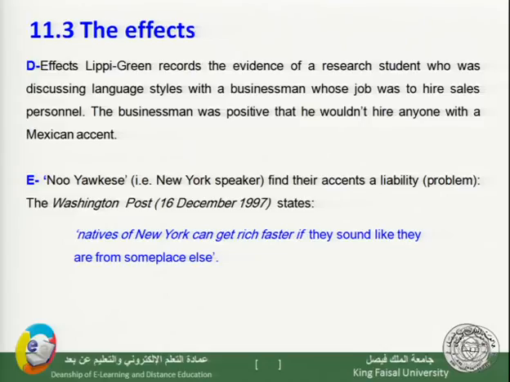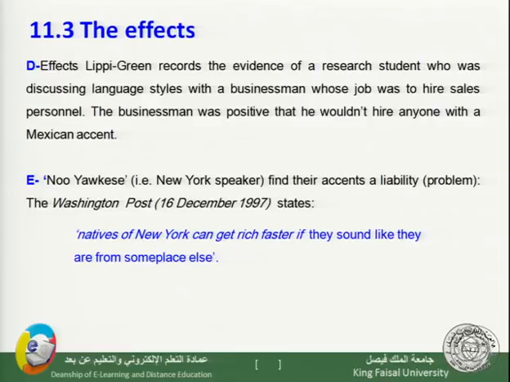Now, when this student met this businessman, the businessman was explaining to him that he feels very happy, very comfortable that in his company there is no worker who speaks with a Mexican accent. Why do you think he feels happy that there is nobody in the company who has a Mexican accent?